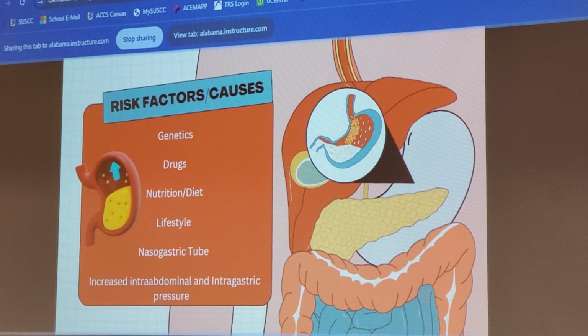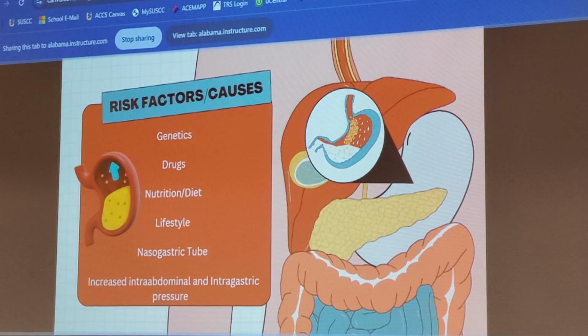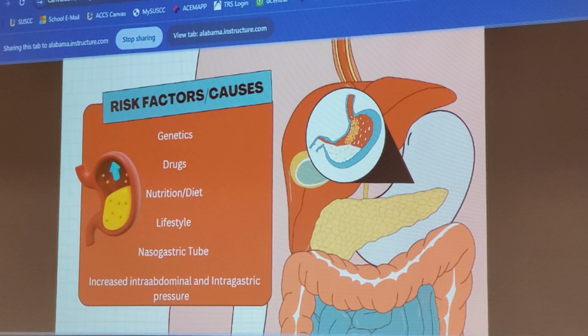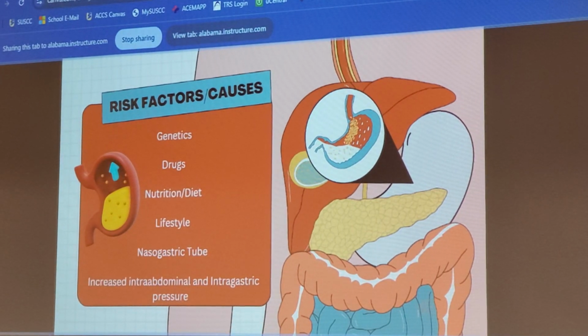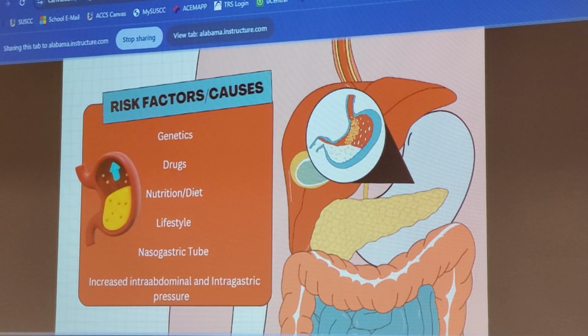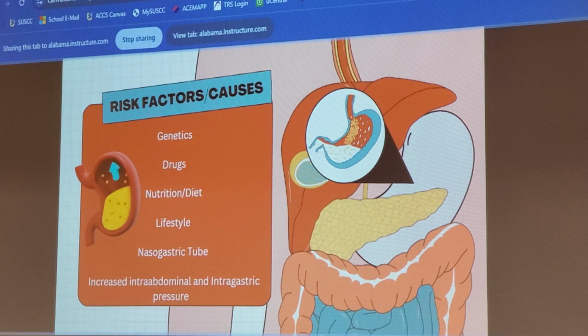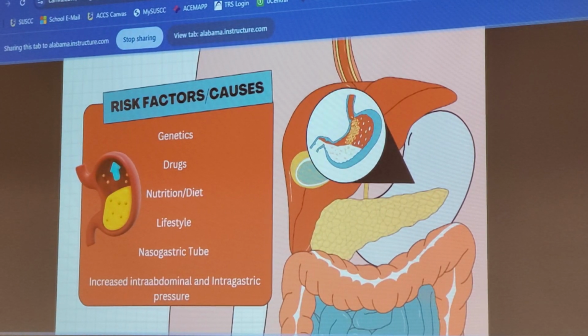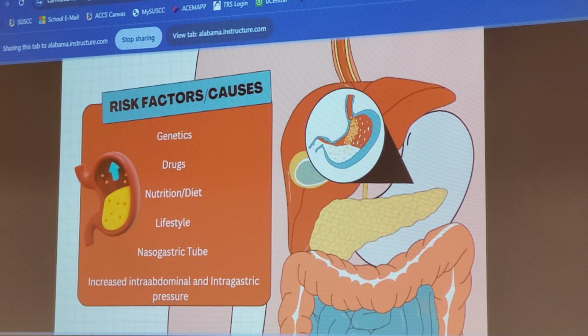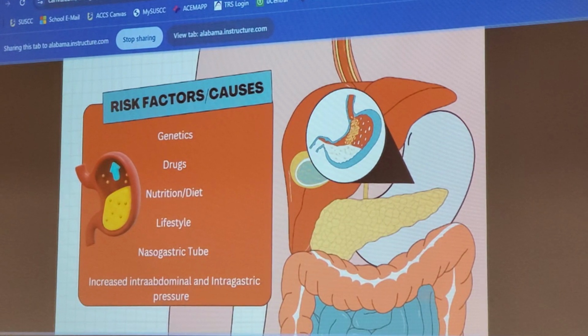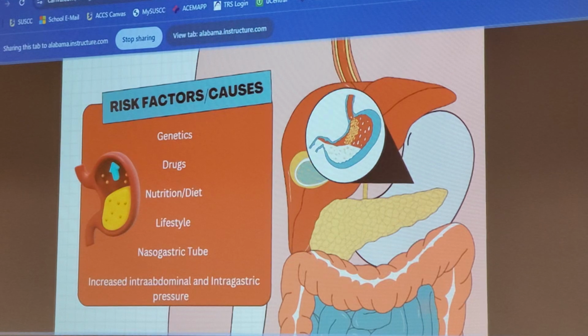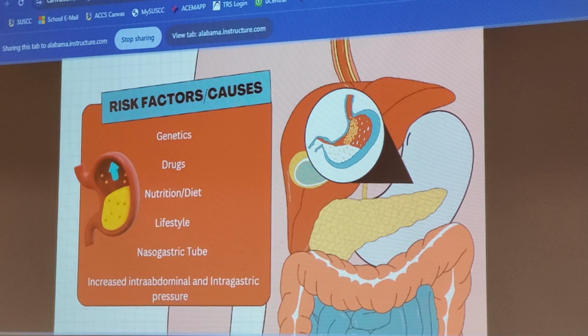With our risk factors, again, I said it's mostly going to deal with that lower esophageal sphincter. Right at the end of the esophagus, right as it transfers into the stomach, that sphincter closes, and doesn't allow food to enter or backflow out of the stomach. That's what our risk factors are going to revolve around.